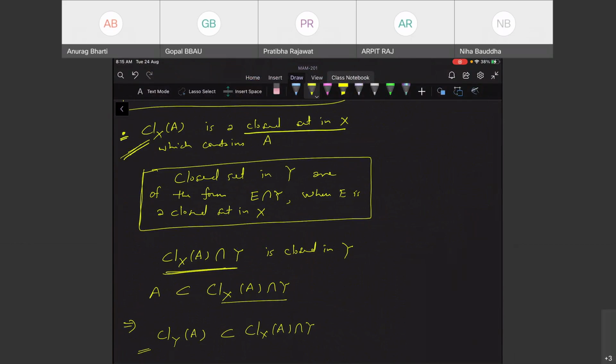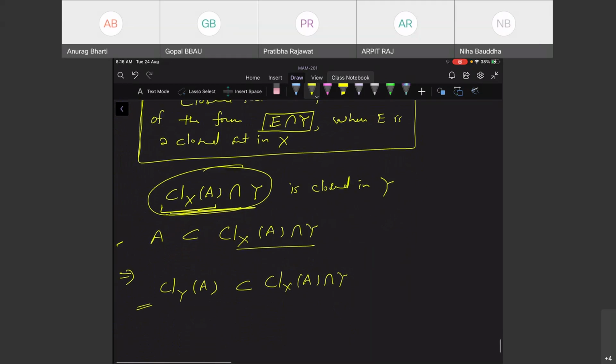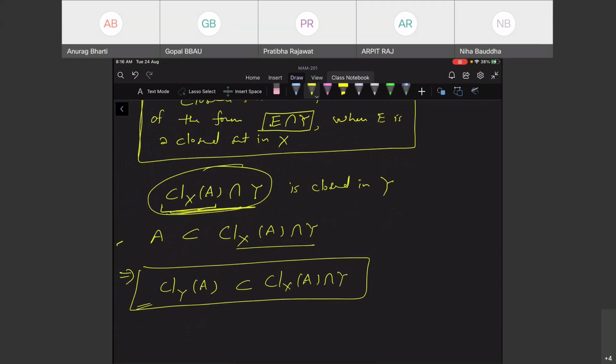Now you know closed sets in Y are of this form, where E is closed in X. So when you take the intersection of Y and closure of A in X, this set will be closed in Y and it will contain A. Since closure of A in Y is the smallest closed set containing A, we get this inclusion.